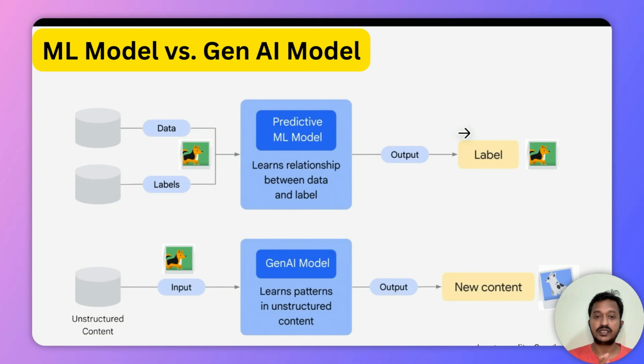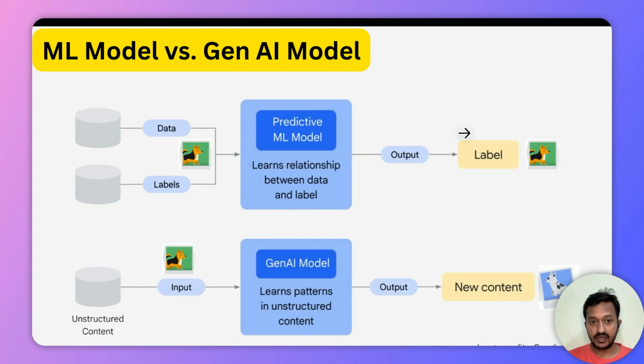Whereas in the generative AI model, as you can see, if you feed unstructured content, that is the image of a dog, as an input, it learns the patterns in the unstructured content that we provide. It tries to understand what a dog likes, what it eats, what it doesn't like, what the traits of a dog are.